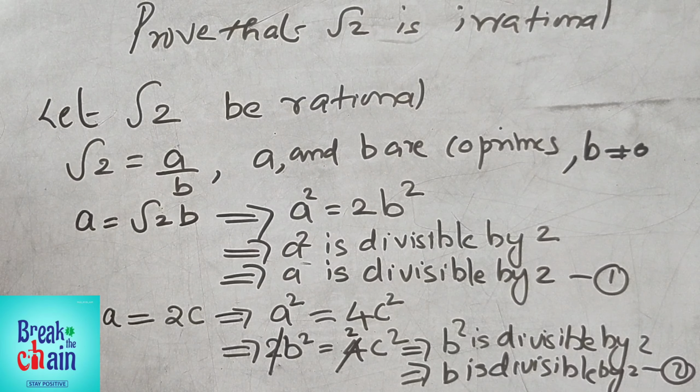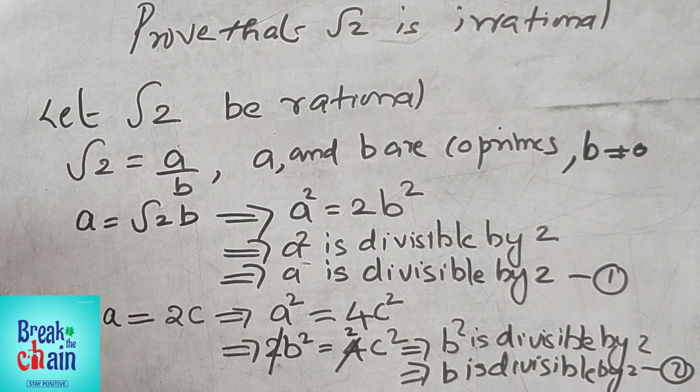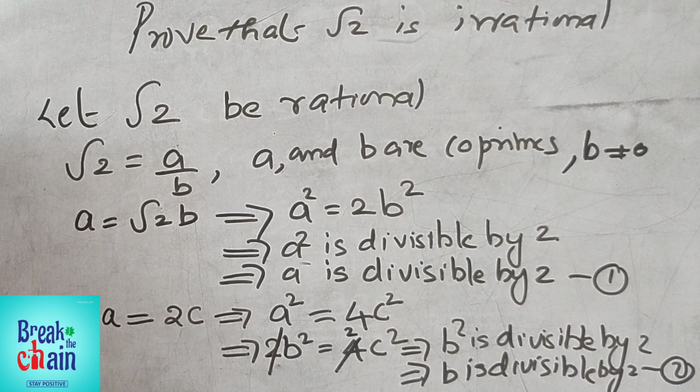What was our assumption? Our assumption was root 2 is rational. Now we got that a and b are both divisible by 2, that means a and b are not co-primes. So our assumption is wrong and root 2 is irrational. It is not rational, it is irrational.